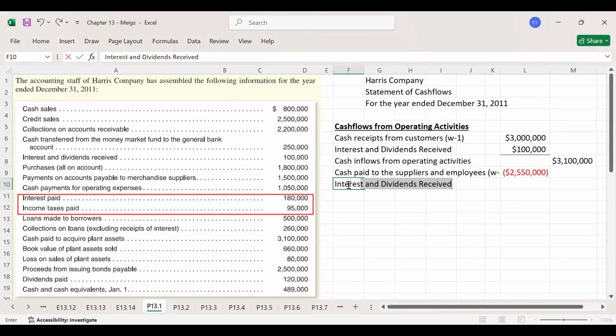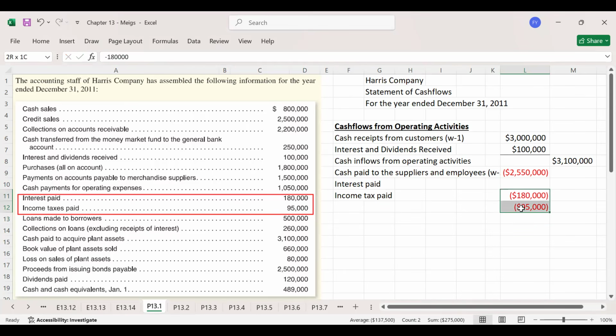Interest paid is minus $180,000, and income tax paid is minus $95,000.